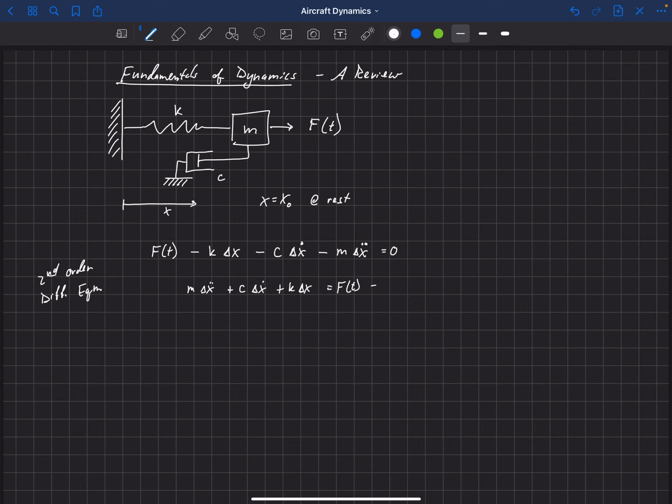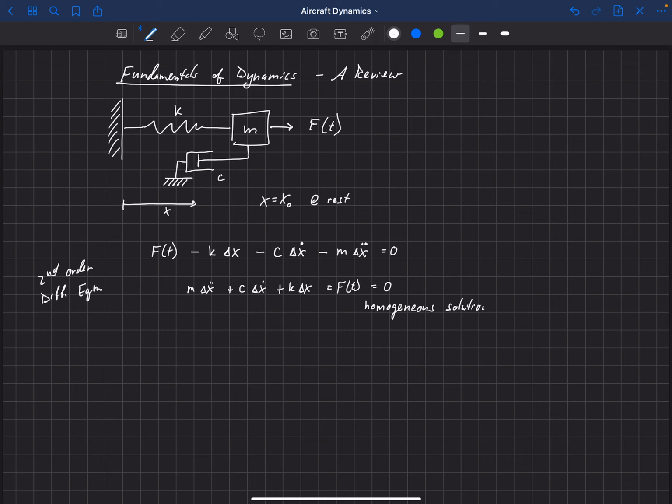For the rest of this course, we're just going to look at solutions where the forcing function is equal to 0. The forcing function would be some external force on this, but we're just going to look at the natural response of this system. If the forcing function is 0 and we're looking at the natural response when this mass gets perturbed from its equilibrium position, then this is what we call the homogeneous solution.